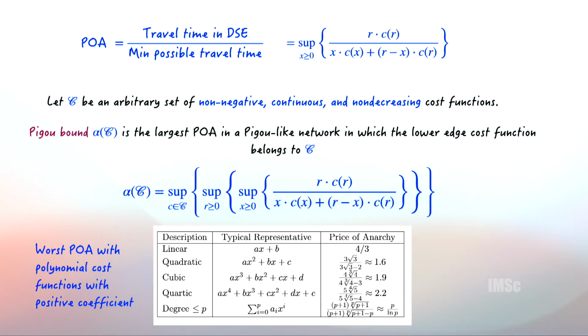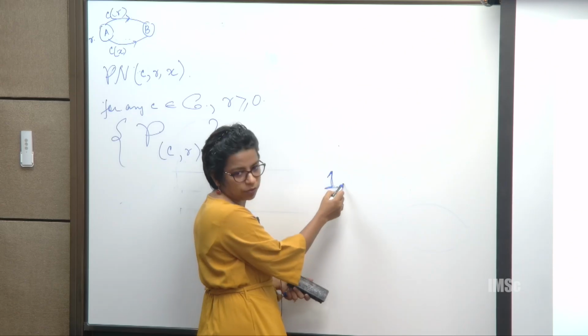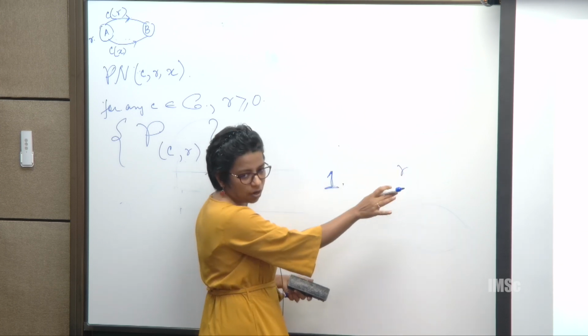For x, say half, that would be decreasing. Like half into half is 1 by 4, but 1 by 3 into 1 by 3 is 1 by 9. So is it decreasing in that sense? Yes. So over there we were routing 1 unit of flow. Over here we are doing R first and foremost.